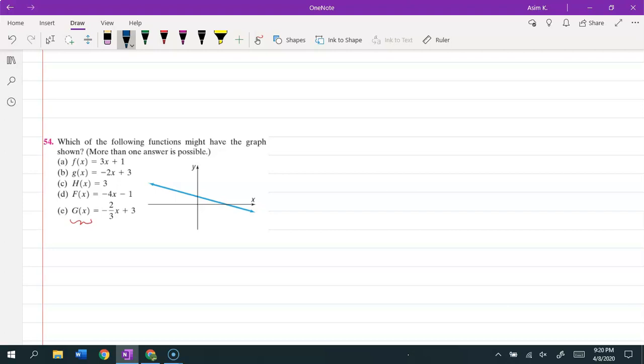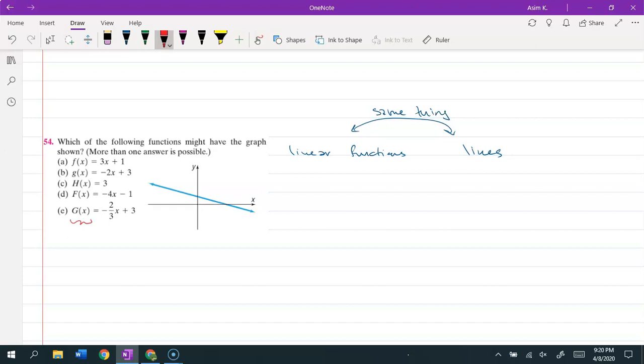So I just want to run you through it and make you realize that you already know how to work with linear functions. Even though linear functions are talked about separately than lines, they're essentially the same thing.